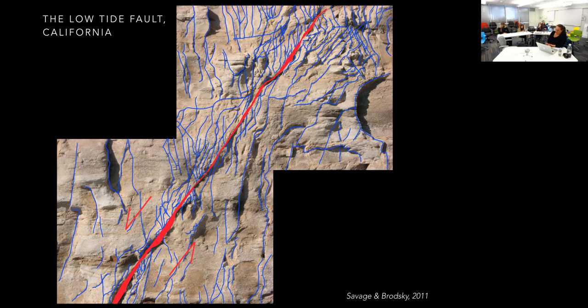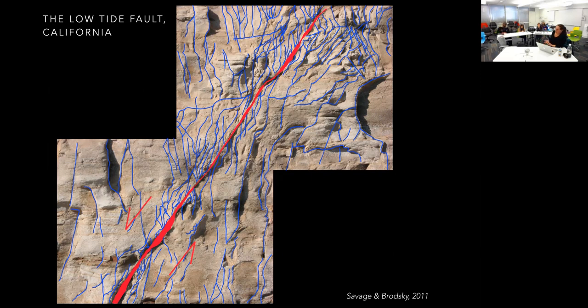What Savage and Brodsky found in this paper, two key findings. One is that they compared a bunch of faults that had really small displacements, 1, 3, 10 centimeters, going up to a few meters. And they found that the number of fractures around the fault actually continues to increase as the displacement increases.